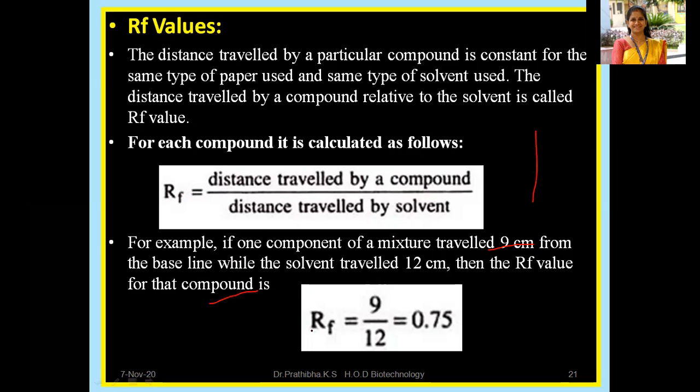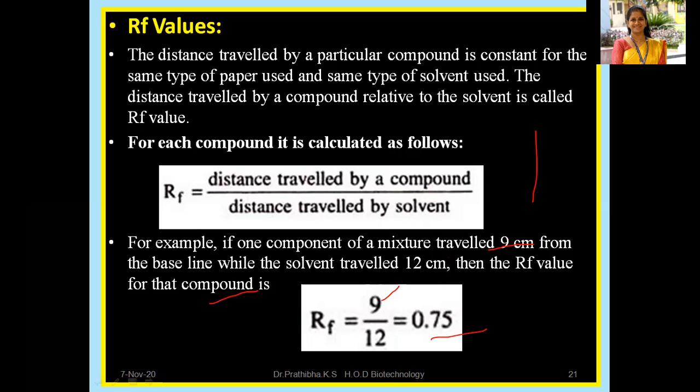RF is equal to distance traveled by a compound, which is 9 centimeter, and distance traveled by a solvent, which is 12. Then what is the RF value? RF value is 0.75. So what is this 9? Distance traveled by a compound.